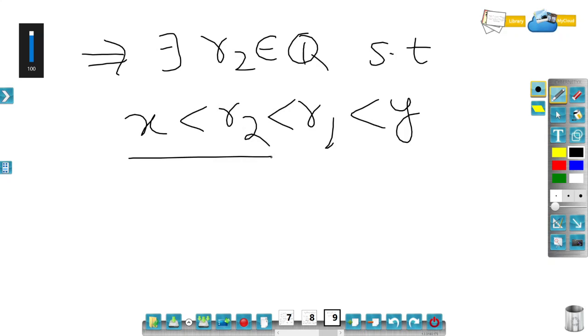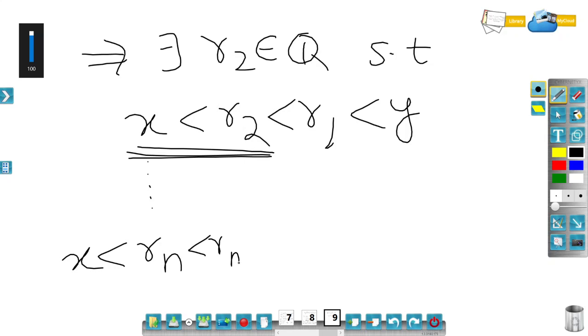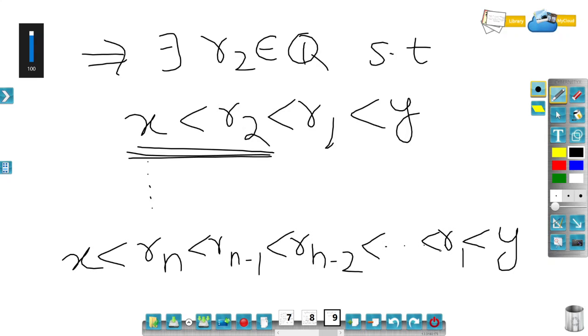Now again you can apply the density theorem on x and R2. In a similar way you can continue this process. So you may have x less than Rn less than Rn minus 1, Rn minus 2, and so on, less than y. Continue this process infinitely many times, and you will get infinitely many rationals.